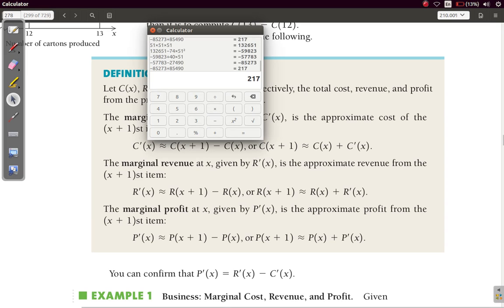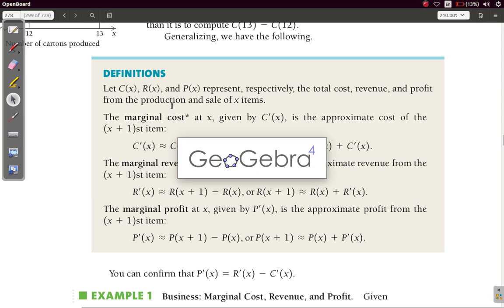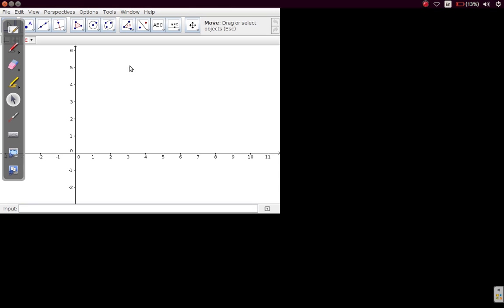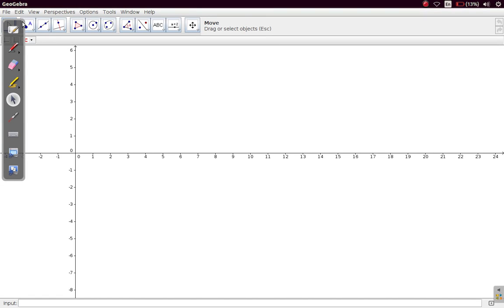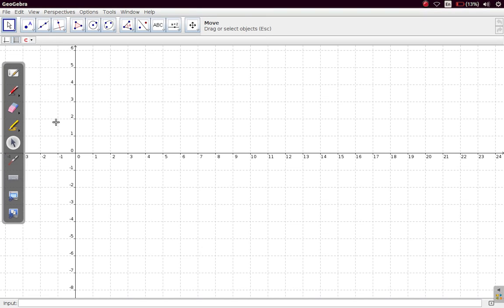Let's use our graphing calculator to do it. Taking quite a while to load. All right. So we're going to plot the function for the cost.